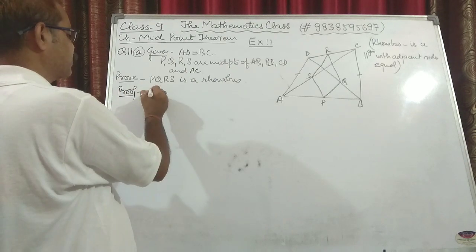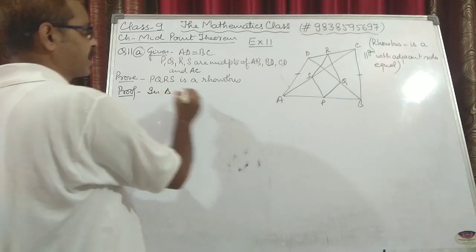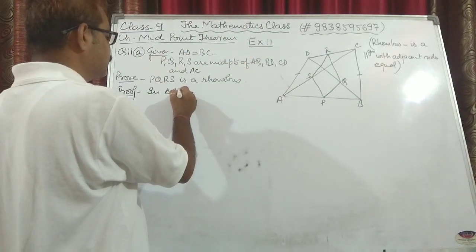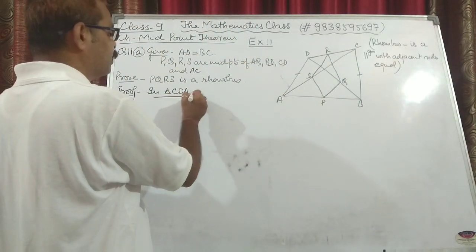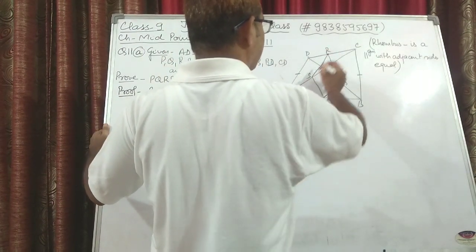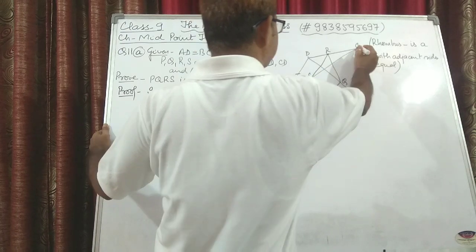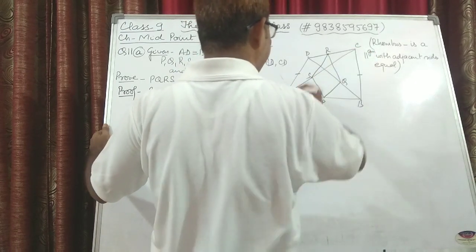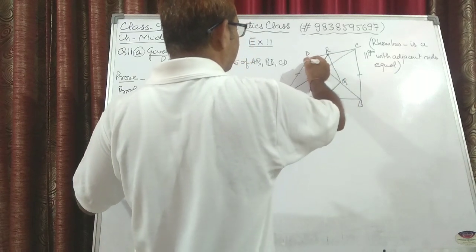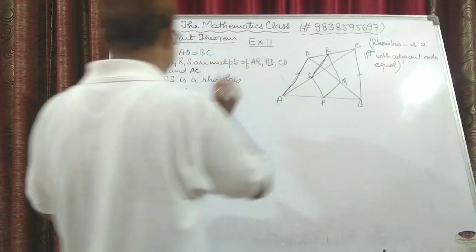What is the proof? First point we'll write, in triangle CDA, what you can see, R is the midpoint of CD and S is the midpoint of CA. So RS will be parallel to AD and half of AD.